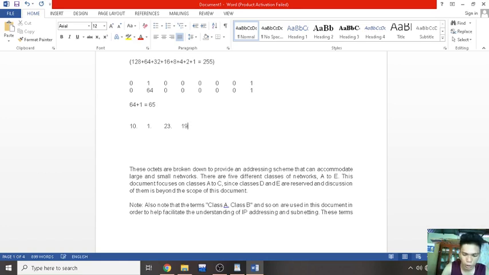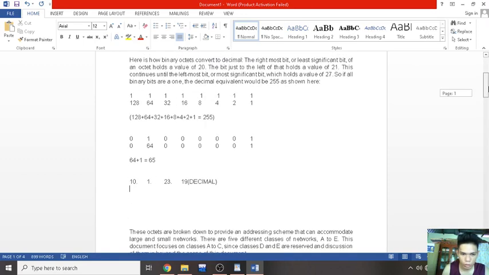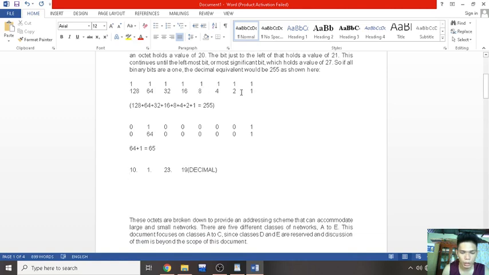This will be our decimal that we will convert to binary. First we have 10. For this one we need 8 and 2, because 8 plus 2 is equivalent to 10. So we will put 0 0 0 0, then 1 0 1 0.